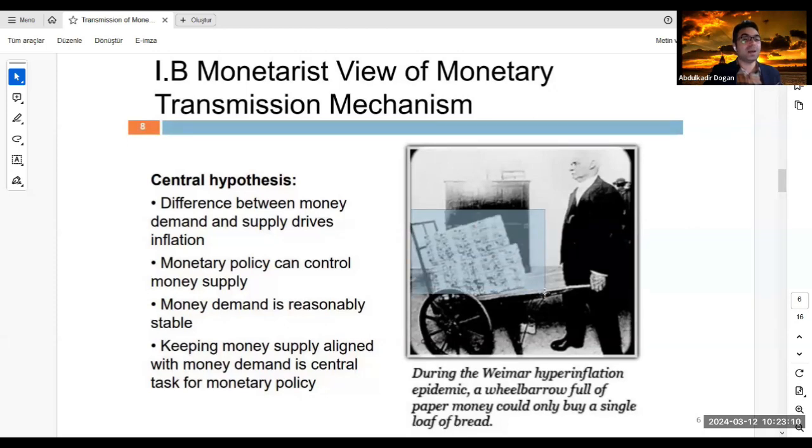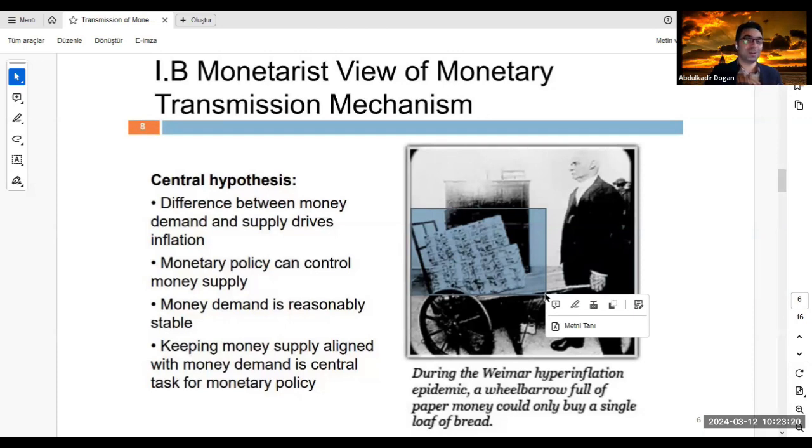This only buys one slice of bread, because there was hyperinflation after the First World War in Germany. So if the money supply is increasing, as you see here, prices go up. You should control the money supply in the market to control inflation overall.